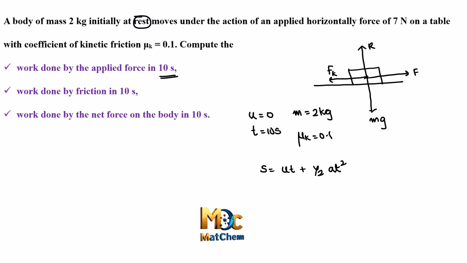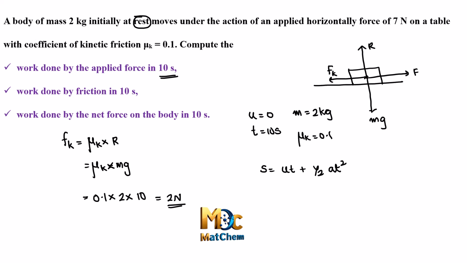Here, considering the kinetic friction, Fk can be calculated as Fk is equal to mu k into R. R is equal to mg, because R and mg act opposite to each other. Therefore, Fk is equal to mu k into mg, which is 0.1 into 2 kilogram into 10 meter per second square, that will be equal to 2 Newton.